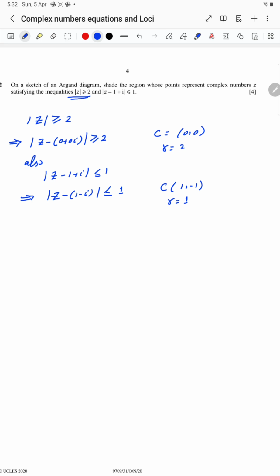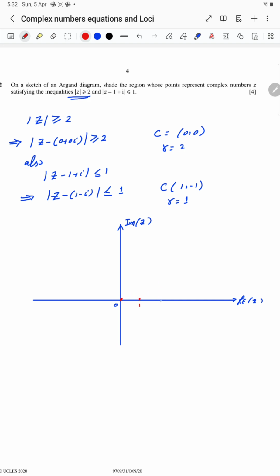Okay, let's draw it and then we will shade it. On the Argand diagram we have real of z, imaginary of z, 0. The first one has center (0, 0).